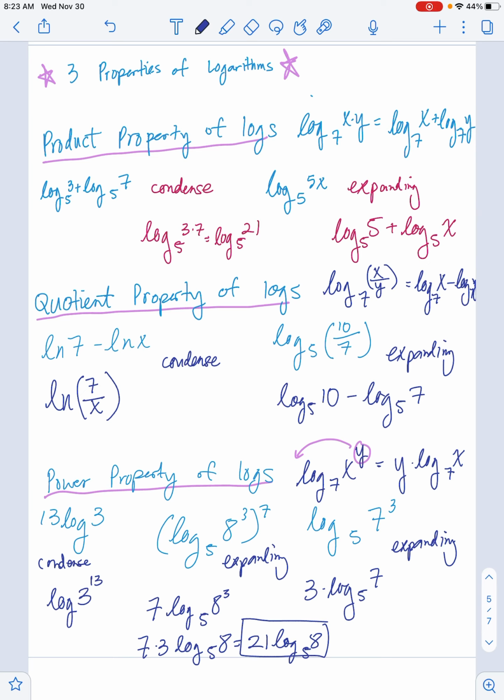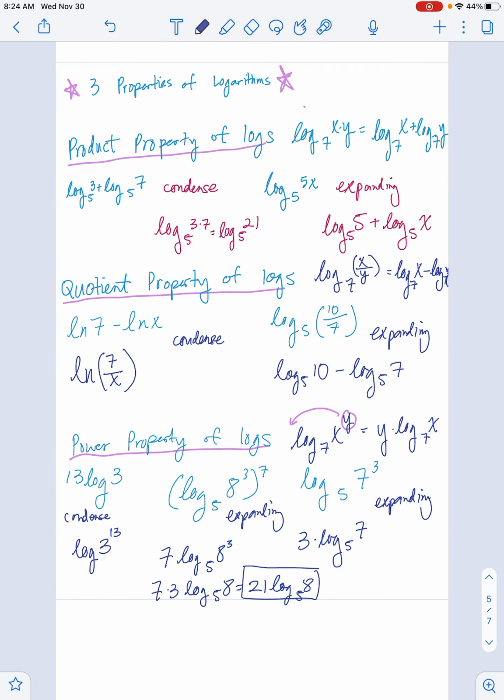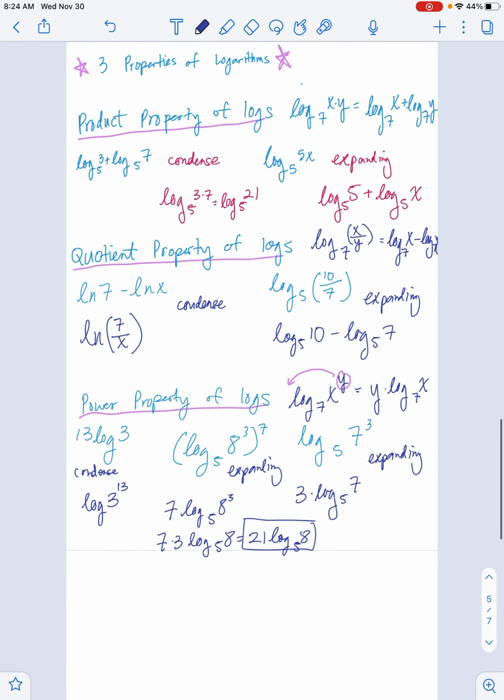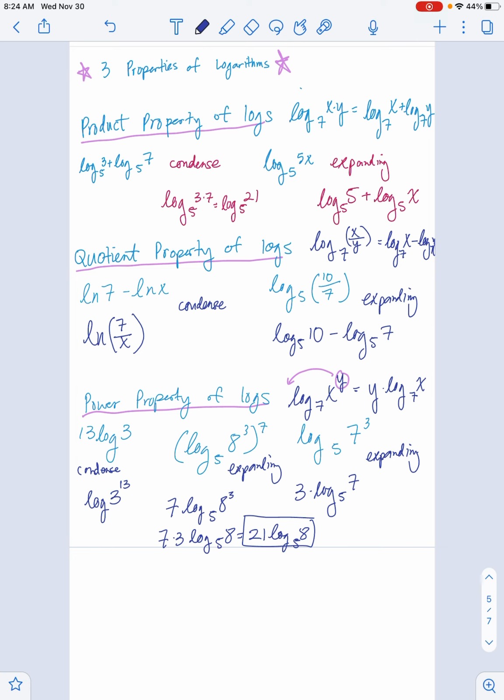Okay, so I know that I only showed 2 logs being expanded, with just 2 things multiplying or 2 things dividing. You can sometimes have it as 3. So I'm just going to show one quick example because that might show up in your assignment. But let's say I had something like this: log base 3 of x, y, and z.